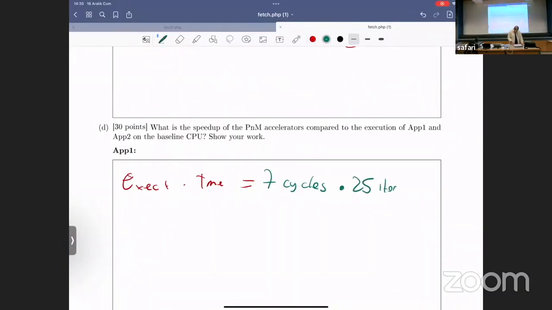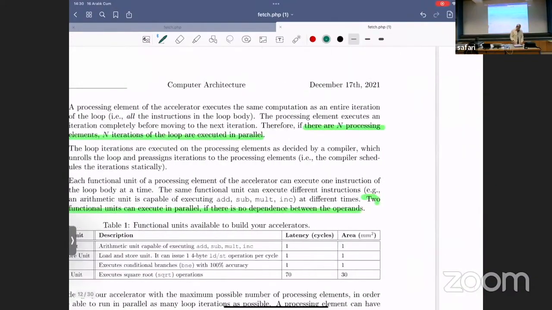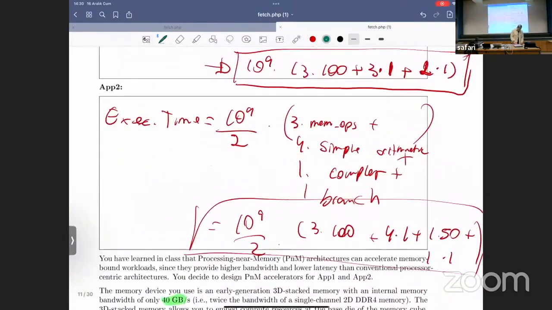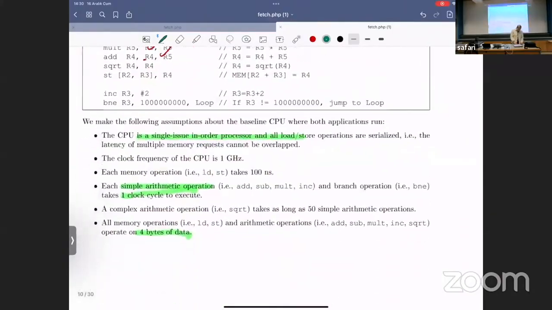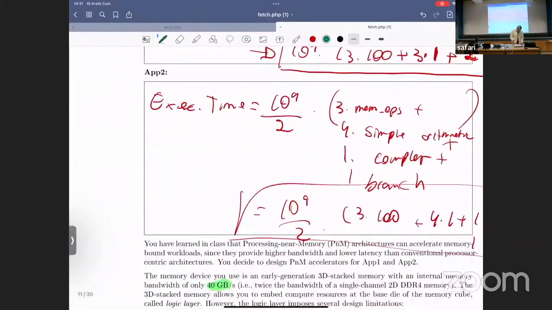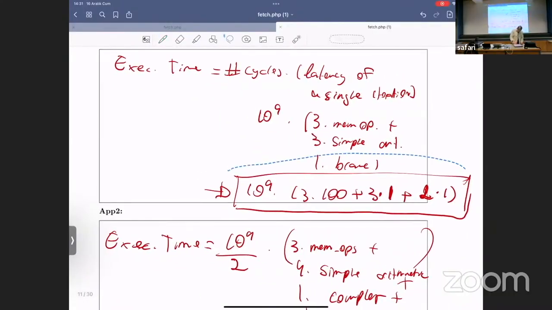I'm not going to make you do the math. And then the cycle time: the CPU was 1 nanosecond, and this one is 10 times slower, right? So it's going to be 10 nanoseconds. So this is going to be the execution time. And then you basically divide the time that you calculated before for the CPU by this one.